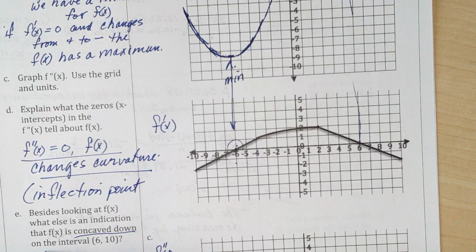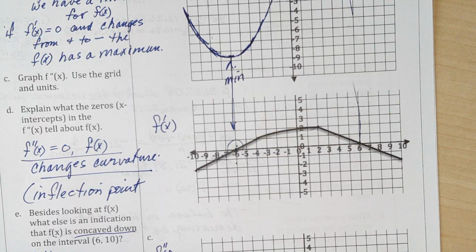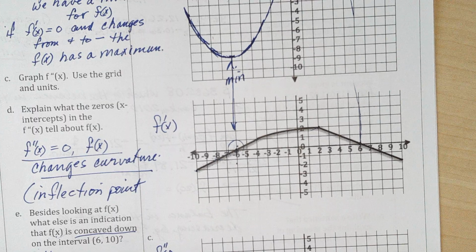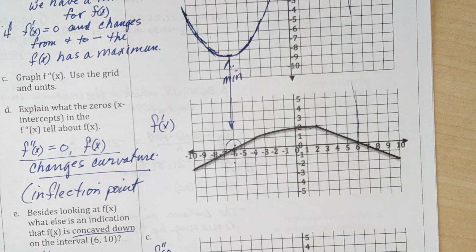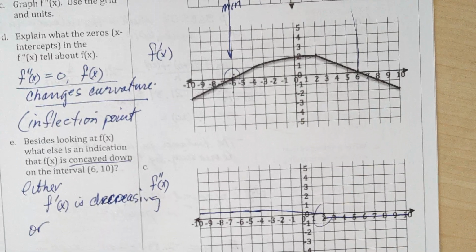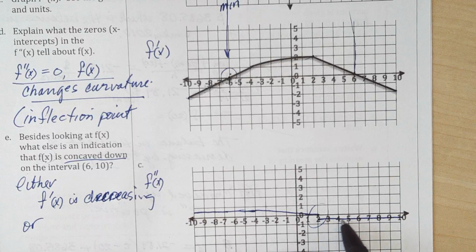Either f prime of x is decreasing, D-E-C-R-E-A-S-I-N-G, or when this is decreasing, the second derivative is negative.